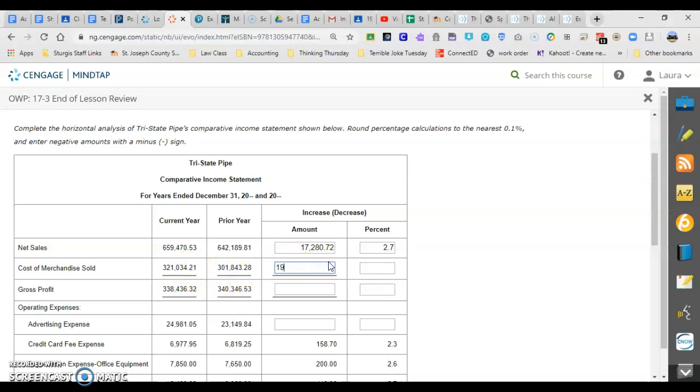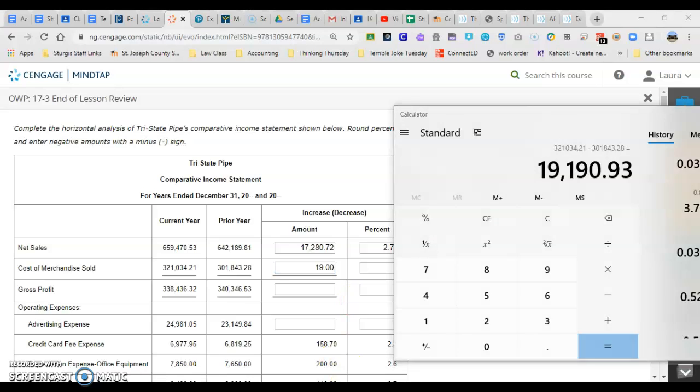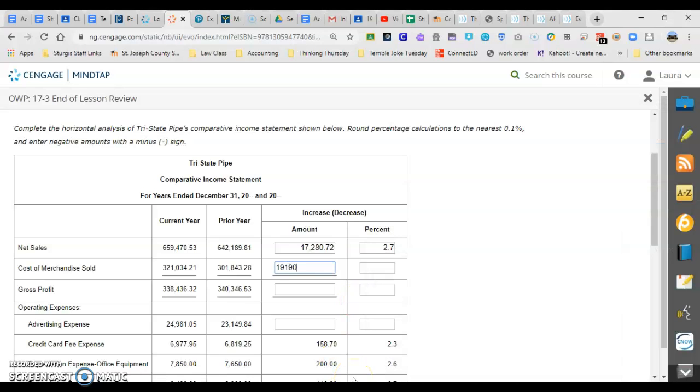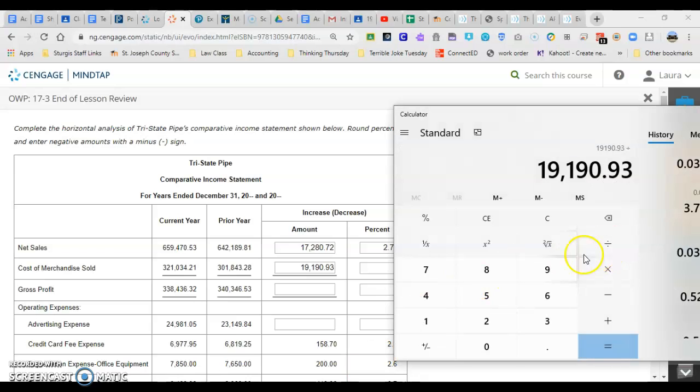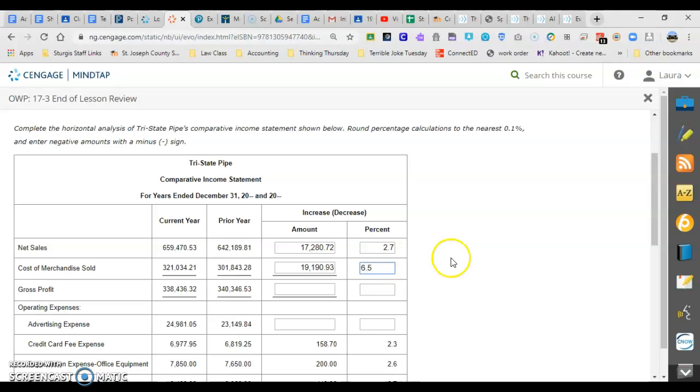So we have 19,190.93. Okay, then you're going to take that amount and divide it by the prior year. And then I'm going to times it by 100 so you can see. And so you have 6.5% is the cost of merchandise sold.